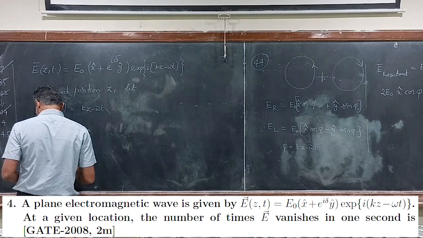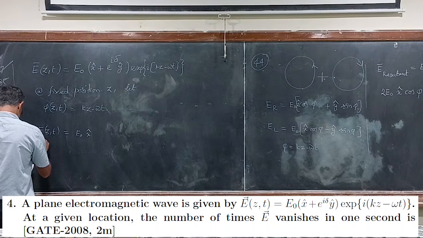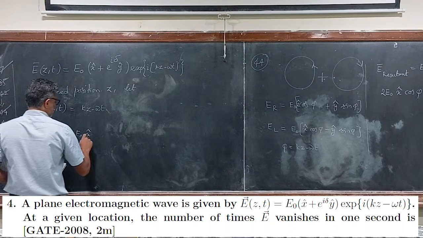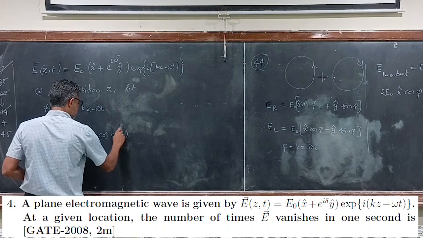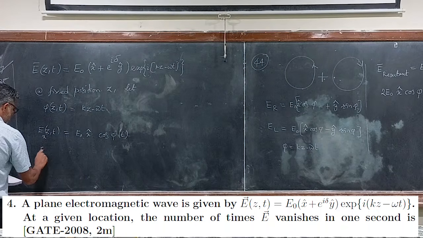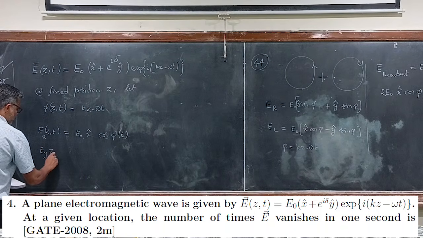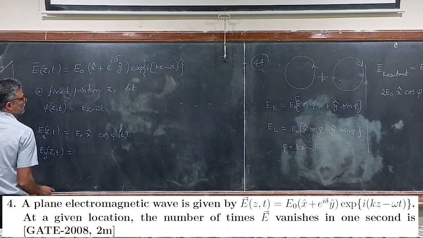So the x component is E0 x cap cos phi of t, and then Ey of z comma t, the y component.